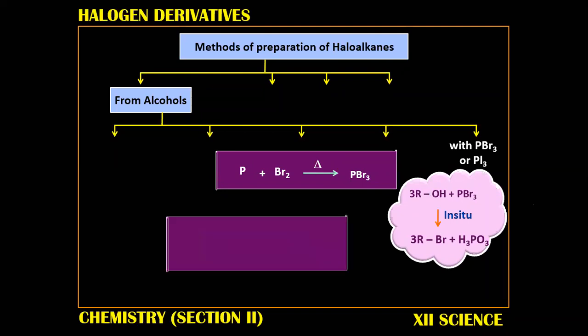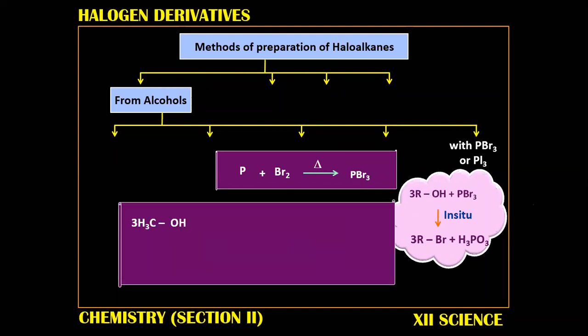Now take an example. Example with methyl alcohol. Here you have to take 3 molecules of methyl alcohol, which react with phosphorus tribromide. We get 3 methyl bromide and H3PO3. Here also 3 you have to add.